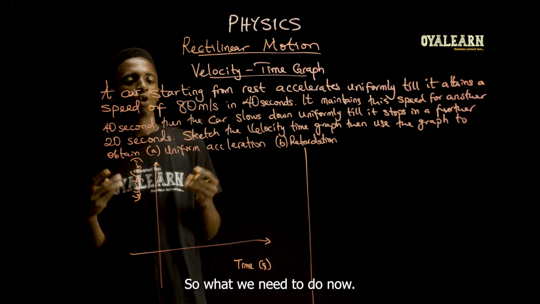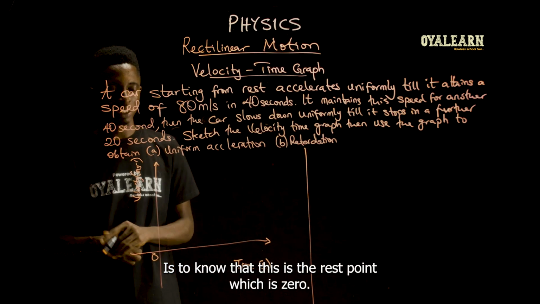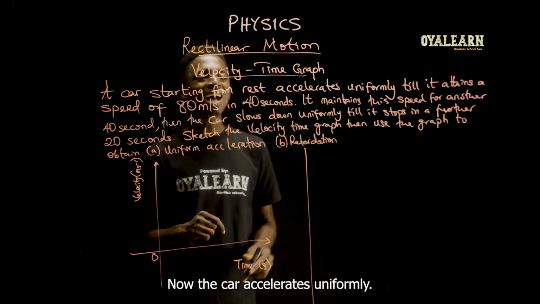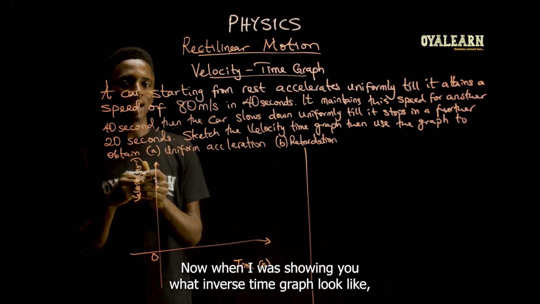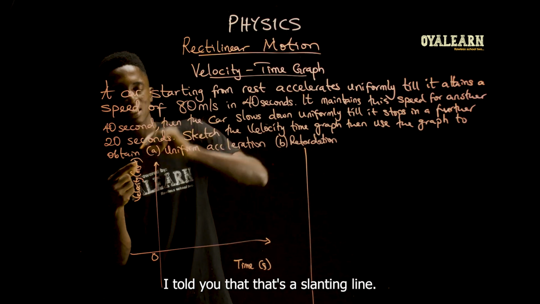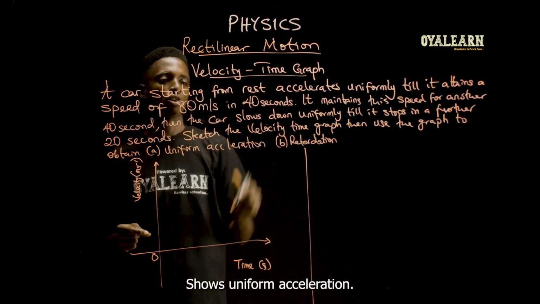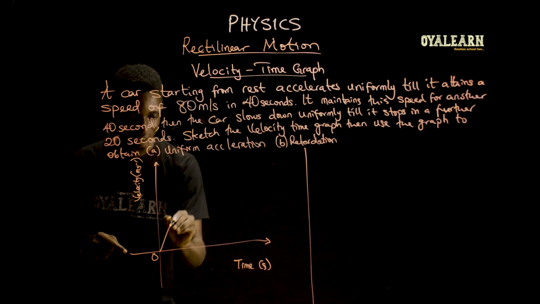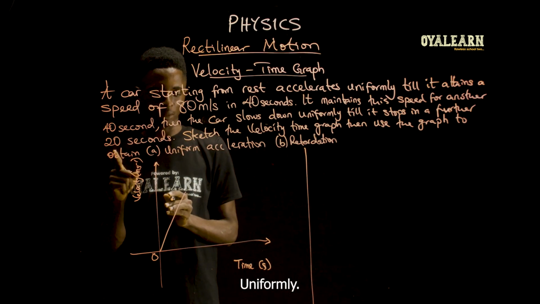So what we need to do now is to know that this is the rest point, which is 0. Now the car accelerates uniformly. When I was showing you what the velocity time graph looked like, I told you that that slanting line shows uniform acceleration. So to show the uniform acceleration in this case, we're going to draw a line like this to show that the car has accelerated uniformly.